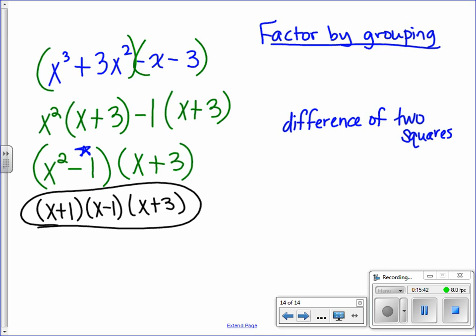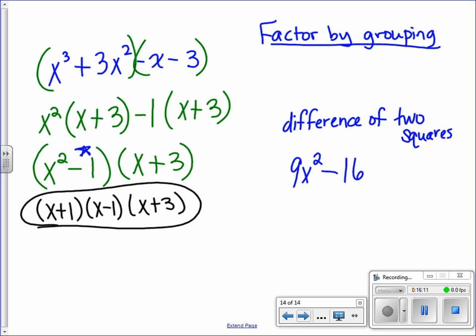x squared is a square. 1 is a square, because 1 times 1 is 1. Anytime you have a difference of two squares, it factors down to plus, minus, every time, those square roots. What's a perfect square number? 9, okay, so 9x squared minus, what's another perfect square number? 16, okay.